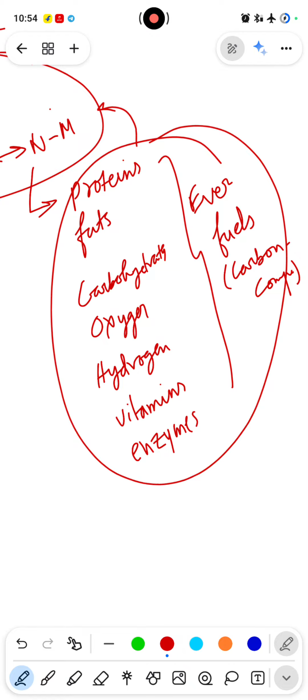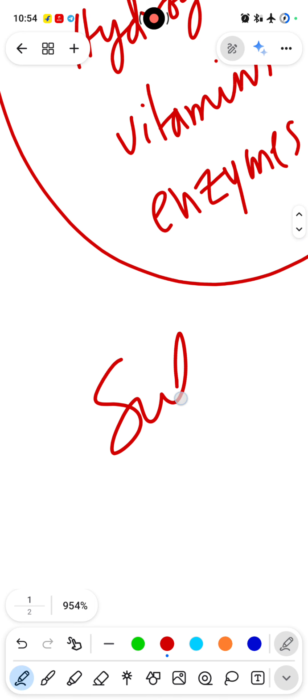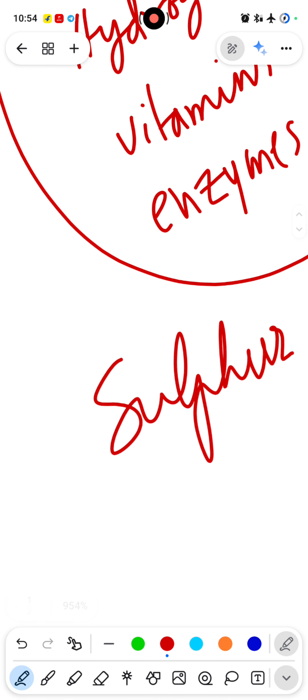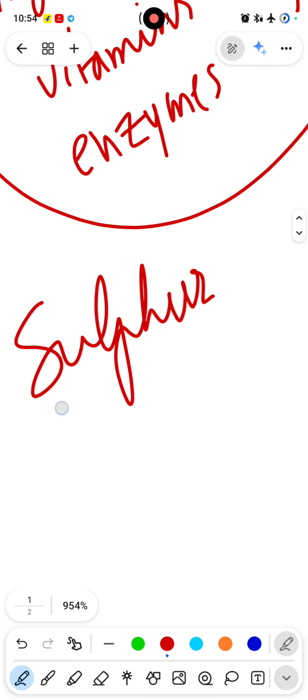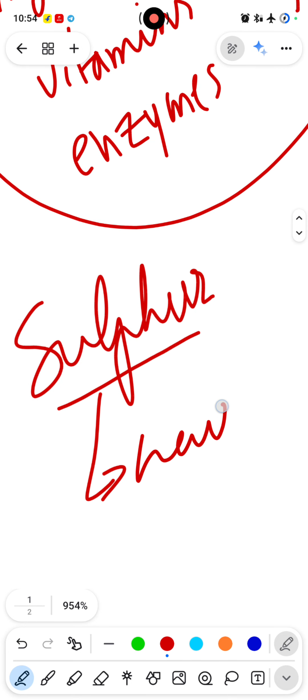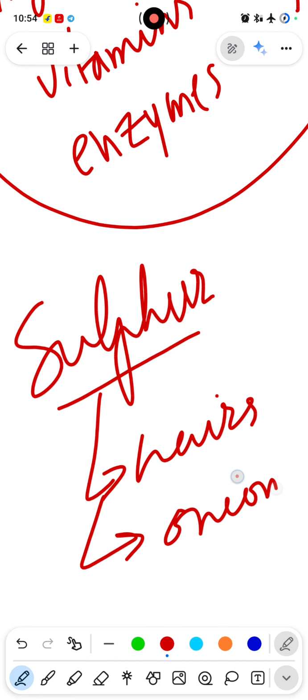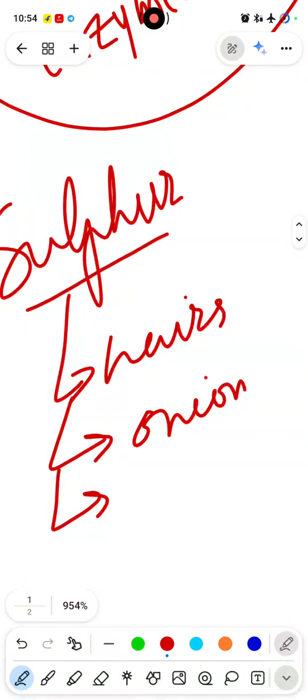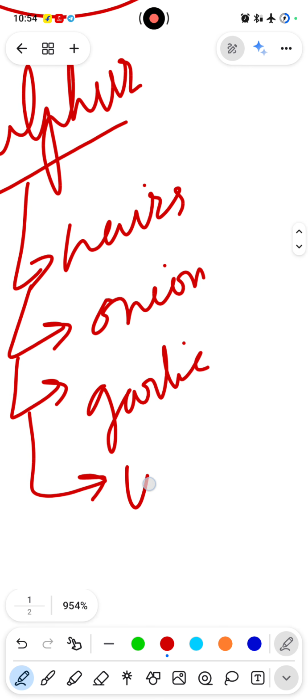Okay. And another non-metal is sulfur. It is present in many substances found in plants and animals. For example, sulfur is present in hair, sulfur is present in onion, sulfur is present in garlic, sulfur is present in wool, etc. Just imagine.